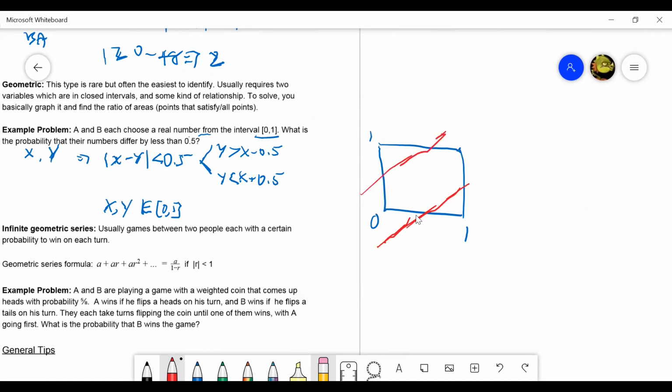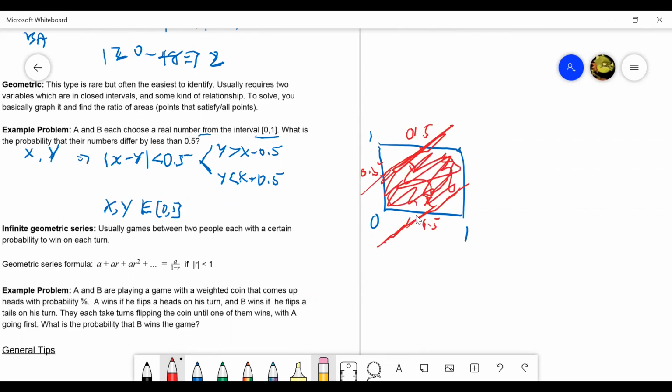And then the intersection points are going to be 0.5 and 0.5 here and 0.5 here as well. Since these are inequalities, the first is greater than, so it means above this line, and the other one is less than, which means below this line. So the entire graph, you would say, refers to this middle section over here.